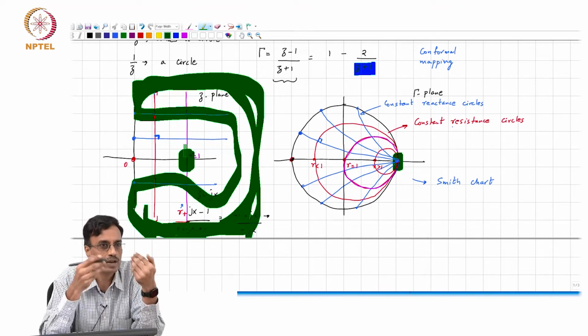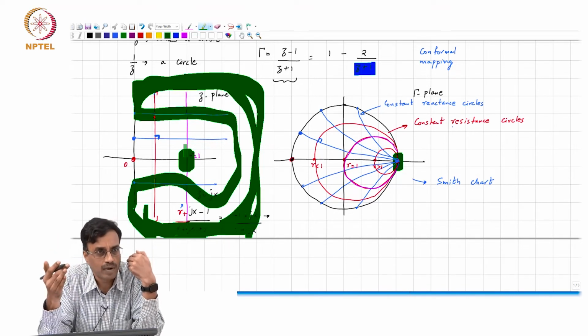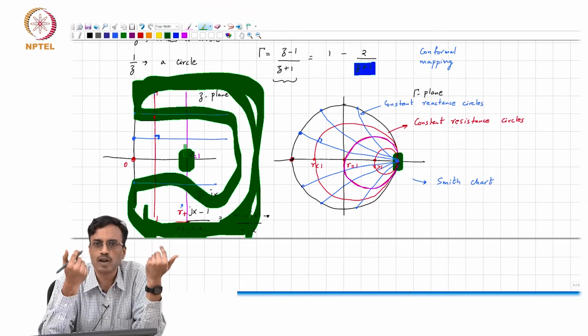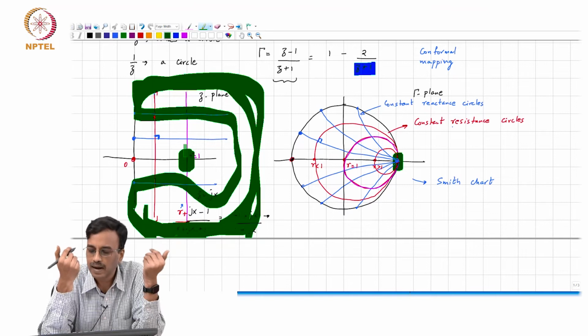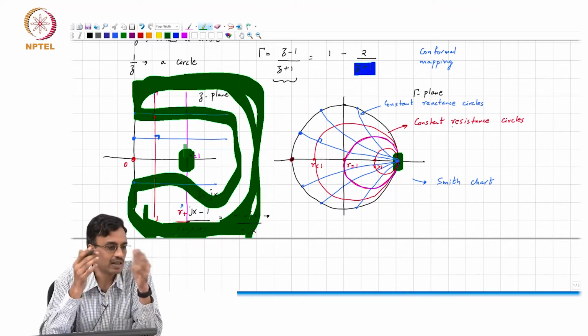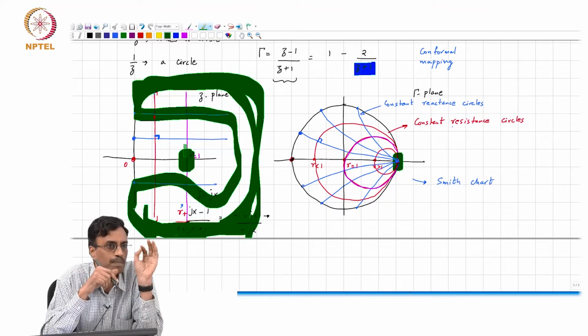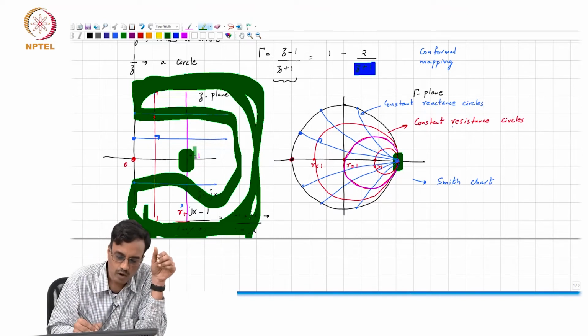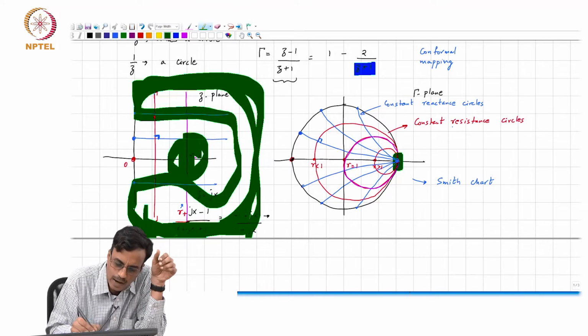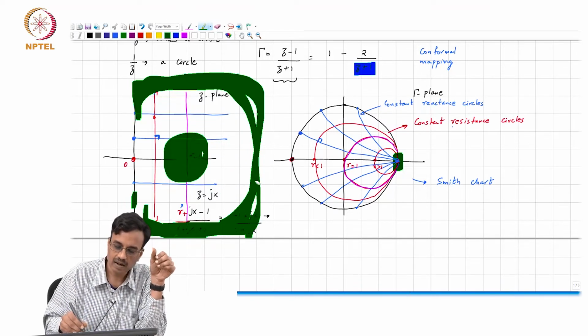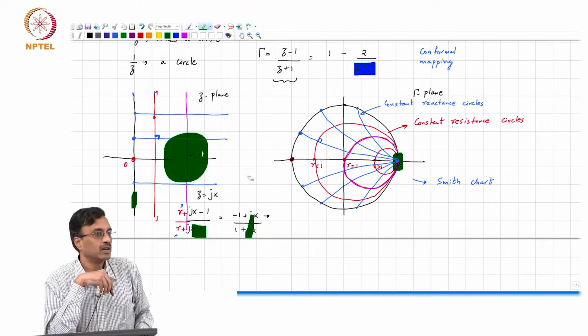There you want to make sure that the amount of power reflected back from the load is as small as possible. In other words, you really care about the reflection coefficient being as close to 0 as possible, so you are particularly worried about impedances in that region there.